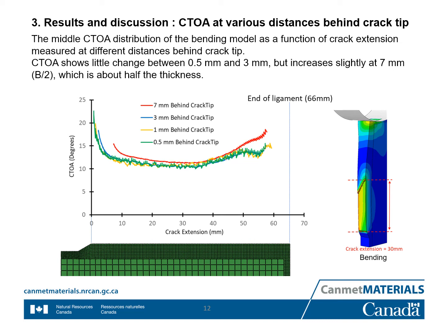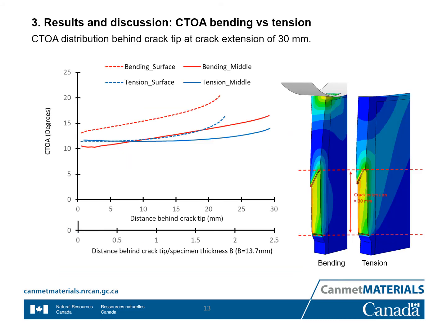This slide shows the CTOA distribution as a function of distance behind the crack tip at crack extension of 30 millimeters for both bending and tension model. All the red curves are from the bending model, and all the blue curves are from the tension model. For the tension model, CTOA is almost the same on the surface and in the interior up to 10 millimeters behind the crack tip.